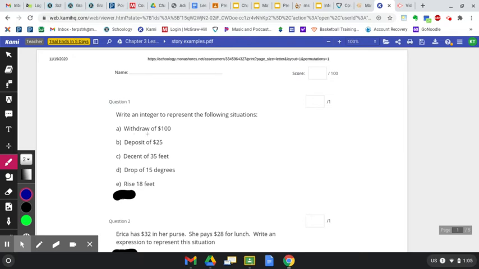So in example a, withdraw, meaning we take it out of our bank account, that would be negative 100 to represent that. The term for putting money in would be a deposit, so that'd be positive 25, right? And remember, we can write that as just 25, or you can write it as positive 25.